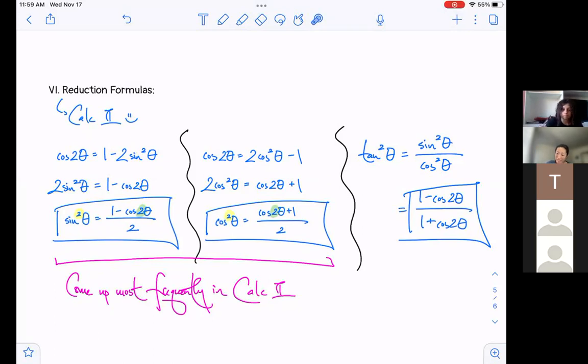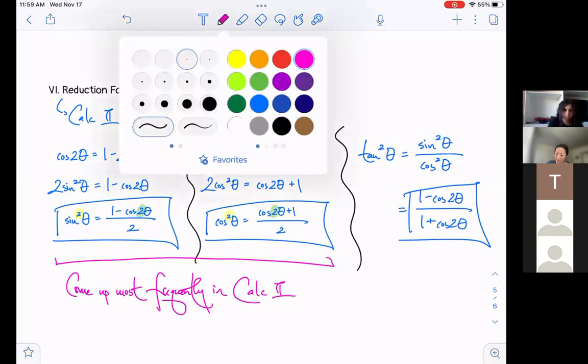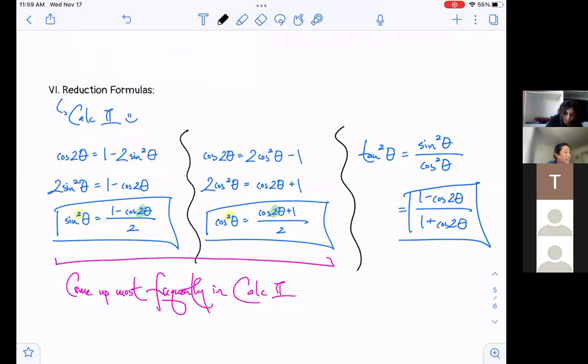Can you hear me? Yes. I was wanting to ask about memorizing some of this stuff. I remember you earlier talking about how you derive the double angle from the sum and difference angles. And then the double angle with the tangent, you can pretty much just use the other double angles that you had.